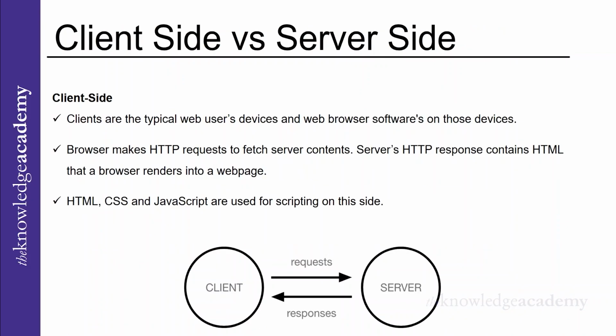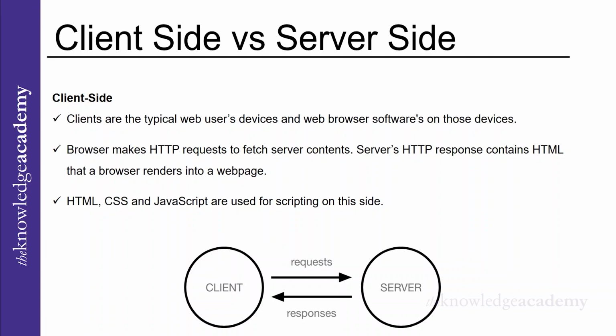Now let's go on to the next chapter here, which is client side versus server side. Client side. So as I explained before, clients are people who have business with you. That's what generally client means. So in the context of the web, clients are typical web users, phones, our computers, our iPads. That's what the client would refer to.